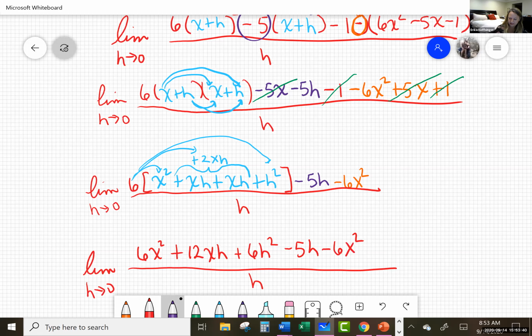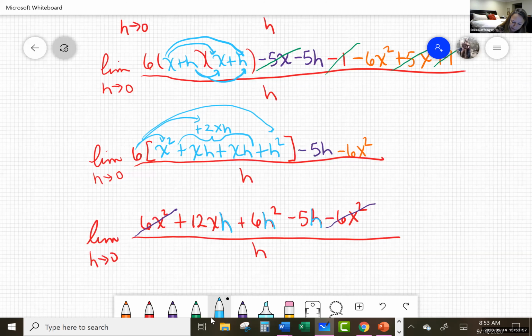So again, things cancel. You have a 6x squared and a minus 6x squared. And notice that all the terms left in the numerator have an h in there, so we could pull out one of those h's.